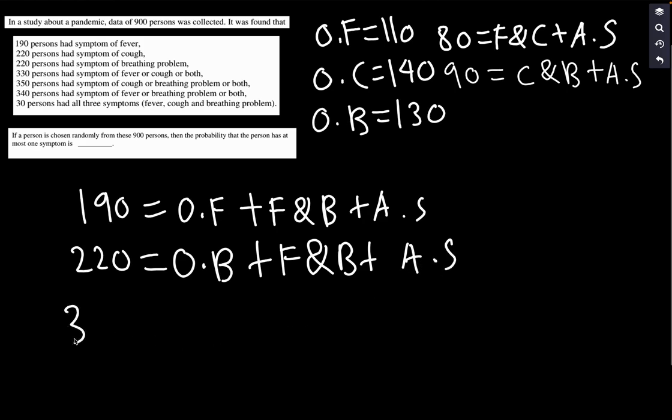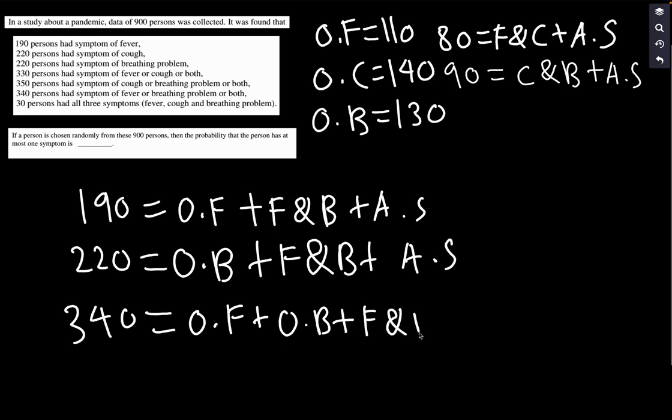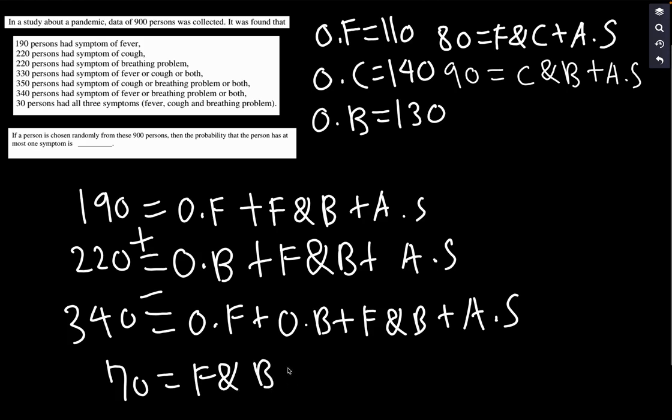For the third equation, 340 persons who have the symptom of fever or breathing problem or both is the sum of people who have only fever plus only breathing plus both fever and breathing plus all symptoms. And lastly, with the same logic, if we add the first two equations and subtract the last equation, we get 70, which equals F and B plus all symptoms.